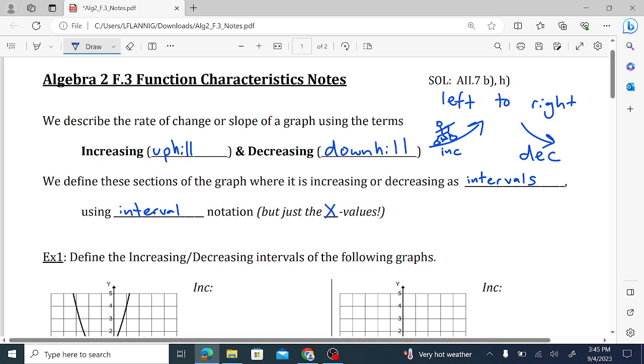We only want to look at the x values, though. Remember, x is horizontal. And in that case, we're just going left and right. We don't care about how far up and down things go, just if they go up or they go down.